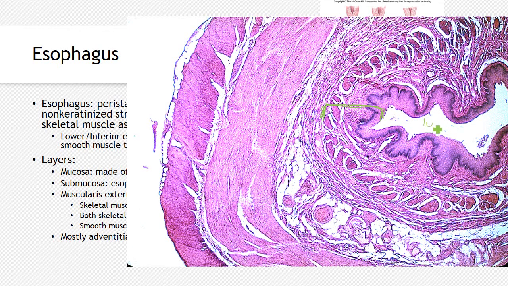Okay, so notice what is this here? We said that this was the mucosa, right? Is it simple columnar? Non-keratinized, stratified, squamous epithelium.